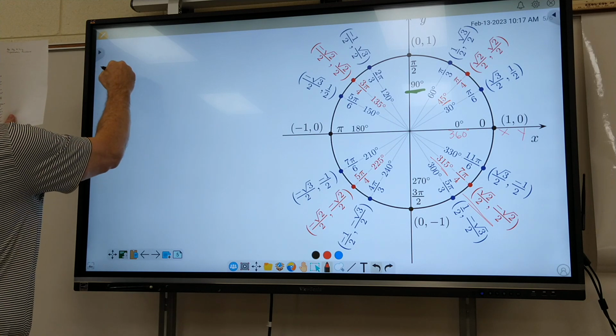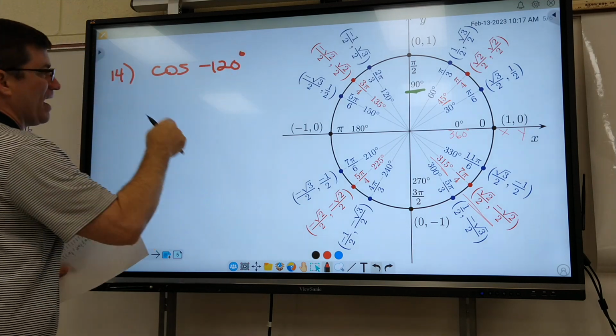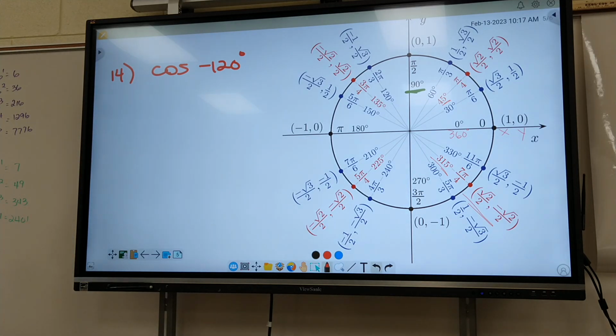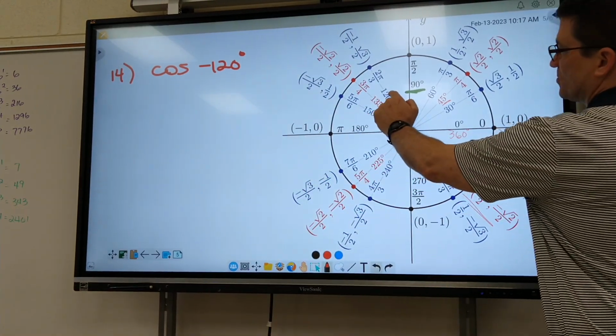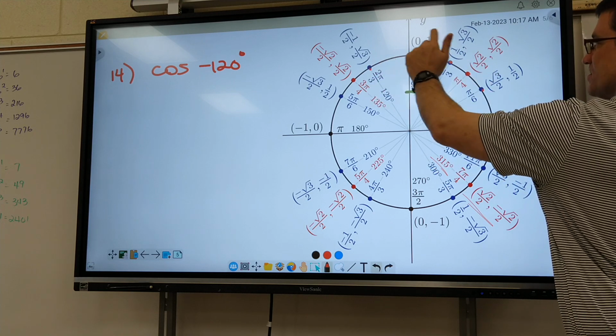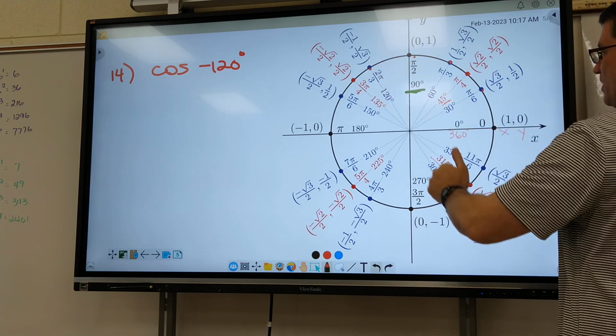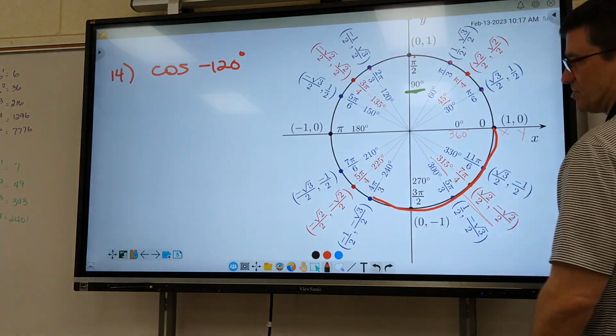All right, 14. I got cosine of negative 120. Now, I could give you this one on the test because you can find that on the circle. Where's negative 120 at? Here's positive 120 right here. 1, 2, 3, 4, 5 dots going forward on the circle. So negative 120, if you want to find it, go back to 0, go backwards 5 dots on the circle.